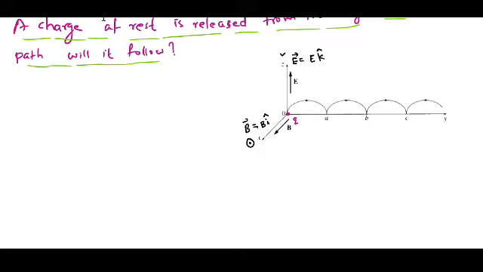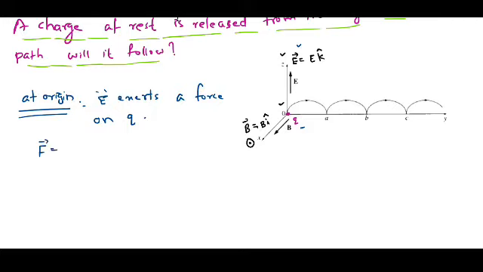Fine. When the charge is kept at the origin, then the electric field exerts some electric force on the charge Q. That is, at the origin, the electric field E exerts a force on Q. That force F is equal to Q into E, because if a charged particle is kept in an electric field, that charged particle Q experiences a force, that is Q into E. The direction of that force is along the direction of the applied electric field if it is a positive charge.